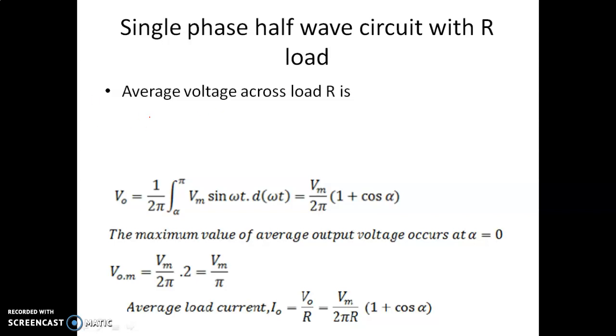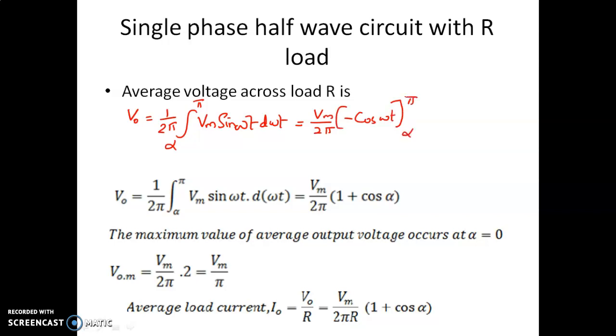Average voltage V0 is equal to 1 by 2 pi integral alpha to pi Vm sin omega t d omega t, which is equal to Vm by 2 pi times the integral of sin omega t, which is minus cos omega t, in the range alpha to pi.